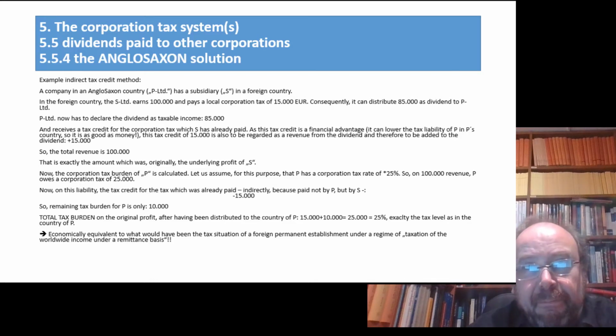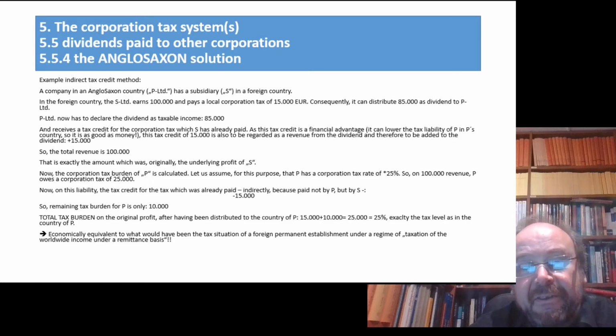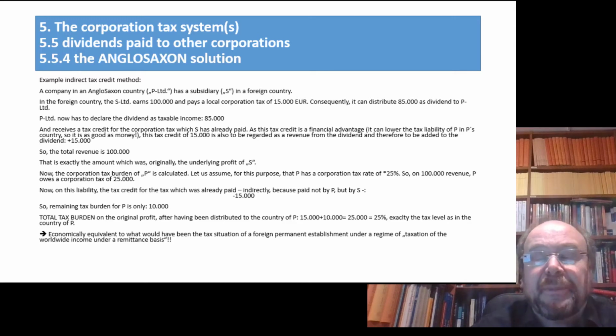When you bring the money back to the country of the parent, the tax burden hops up to 25%, the tax burden in the country of the parent. That's exactly the situation which you would have in taxation of the worldwide income under a remittance basis in case of a permanent establishment.